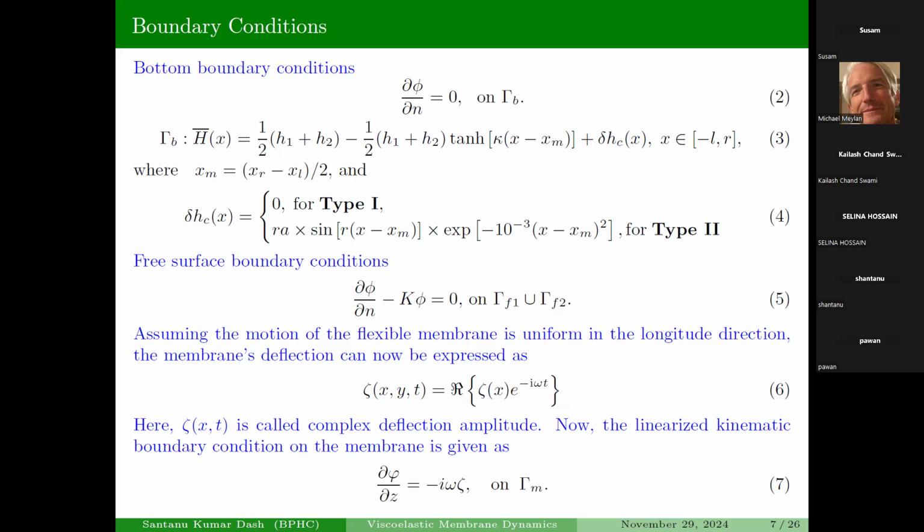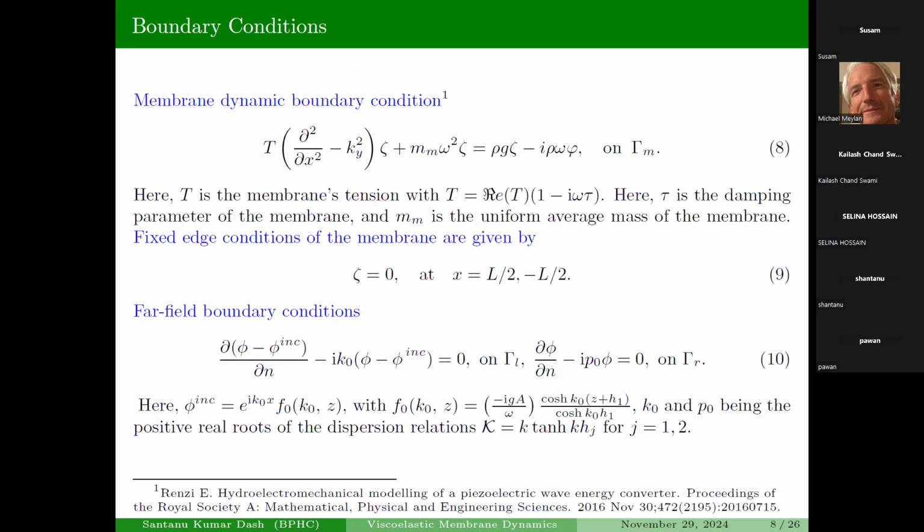The membrane's deflection can be expressed using equation 6, and the kinematic equation of the membrane is given by equation number 7, and the membrane dynamic boundary condition is given by equation number 8, where T is the membrane's tension with the given expressions, and tau is the damping parameter of the membrane. It is to be noted that if it is 0, then it behaves like a rigid plate.